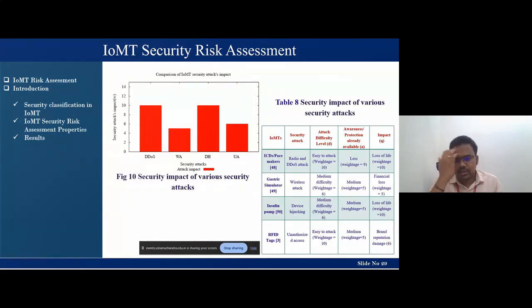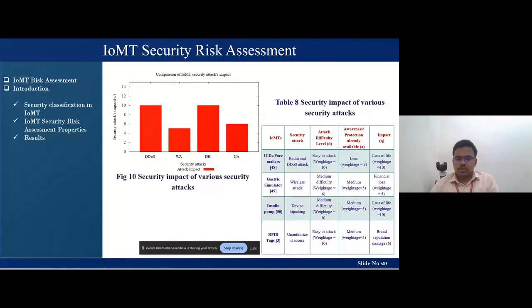If ICDs or pacemakers are compromised by a DDoS attack, the impact value is 10, that is loss of life. If the insulin pump is compromised by the device hijacking attack, the impact is also loss of life. It's very, very high impact. So we need to give more concentration to this particular risk.